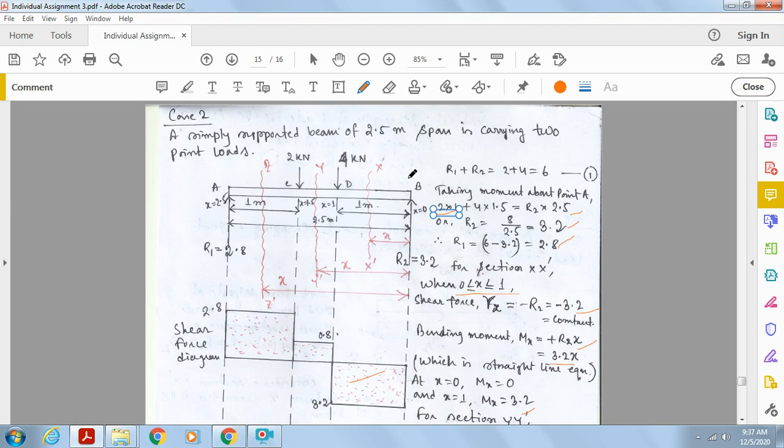With respect to the sectional line, at the right side part, any force acting vertically downward gives a positive shear force, and any force acting vertically upward has a negative sign. Similarly for the bending moment, with respect to the section at the right side part, the sign convention of the bending moment for a vertically downward force will be negative, and for a vertically upward force it will be positive.